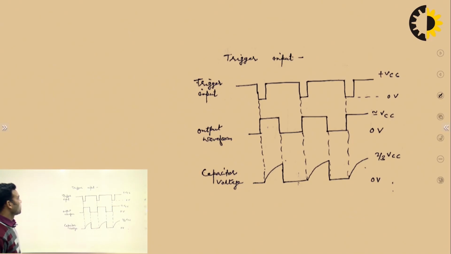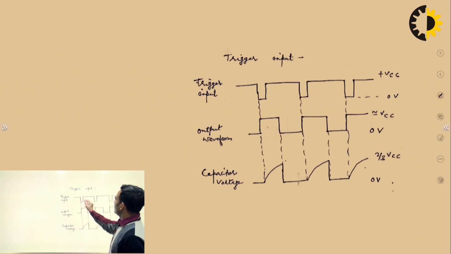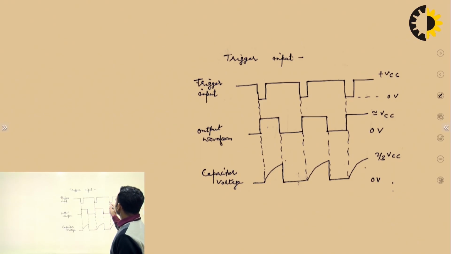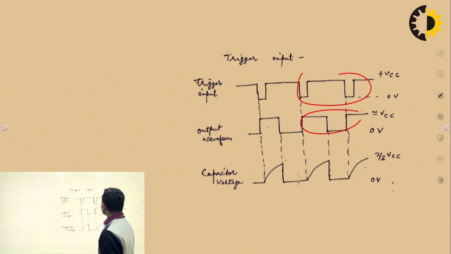Now see, if again and again you will trigger, again and again output will get changed, but if you will trigger it only once, then you will get output like this. And voltage across capacitor is like this, it is charging, discharging, because in discharge path there was no resistor, the transistor offers very low resistance. So it is behaving like this, and it is going between 0 and 2 upon 3 VCC.